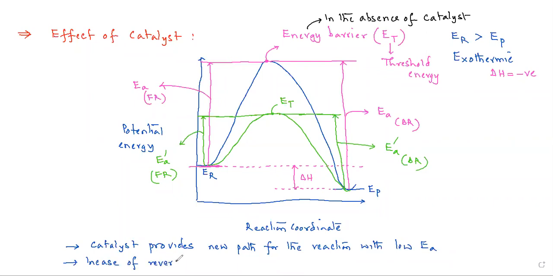See, in case of a reversible reaction, catalyst lowers the activation energy of both forward and backward reaction by the same amount.